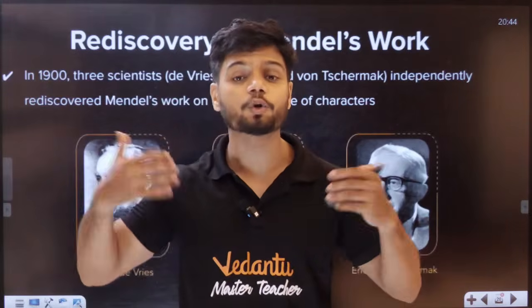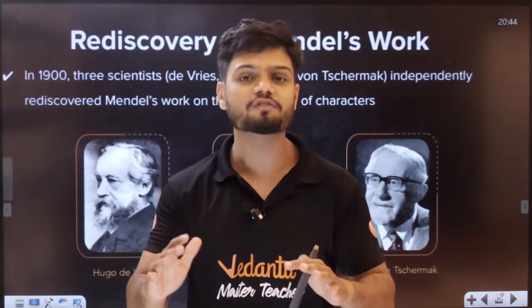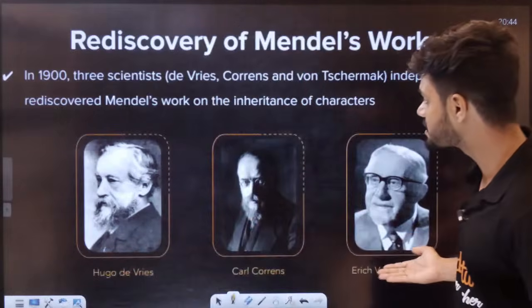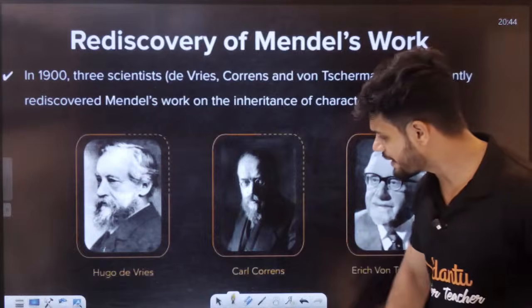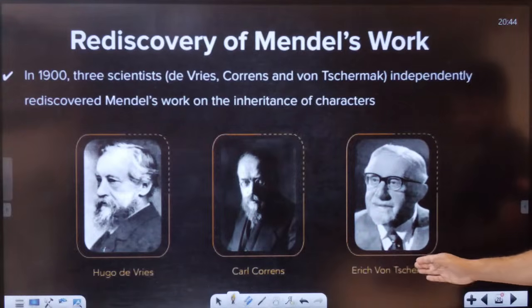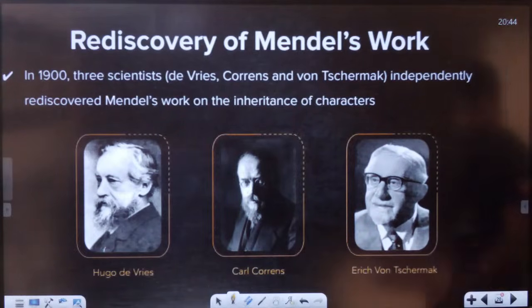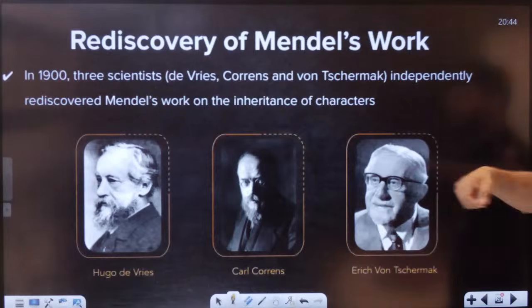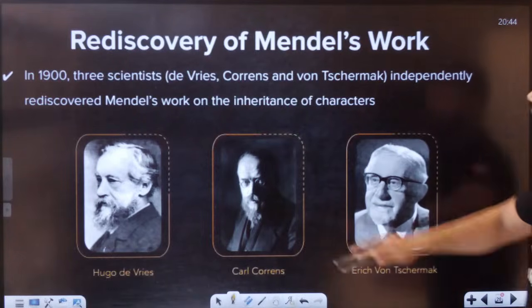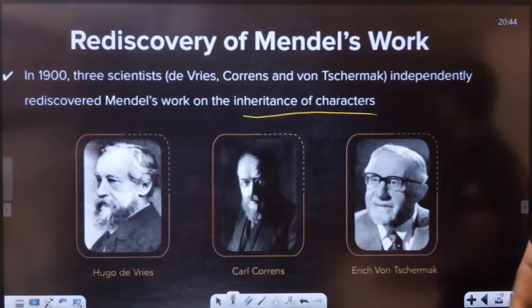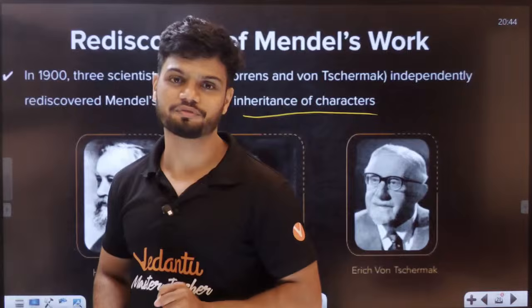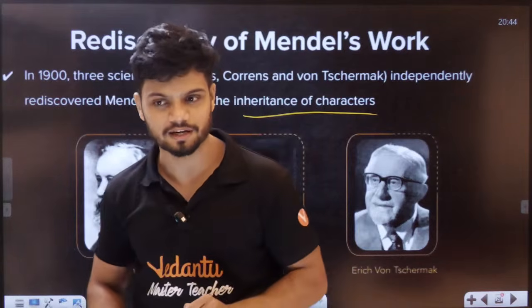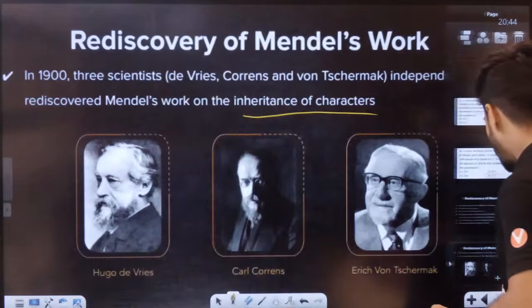The entire advancement in genetics is because of Mendel, and these 3 scientists rediscovered his work. Hugo de Vries, Carl Correns, and Erich von Tschermak. 3 different scientists rediscovered Mendel's work on inheritance of characters, students. So hard work pays off. All of you need to do hard work also, students.